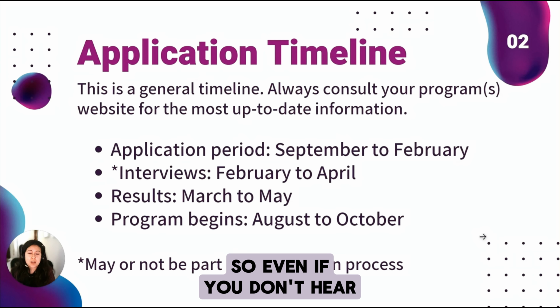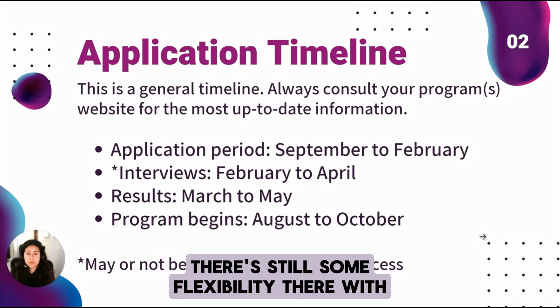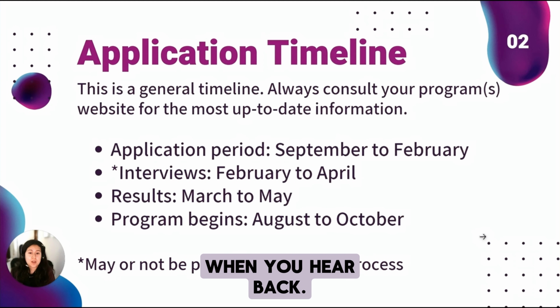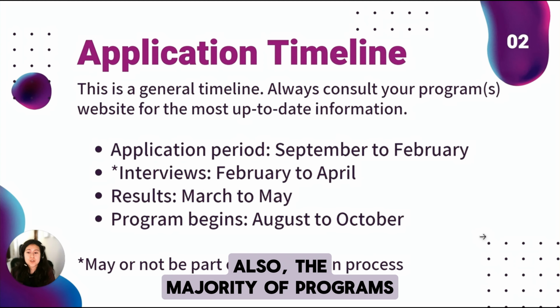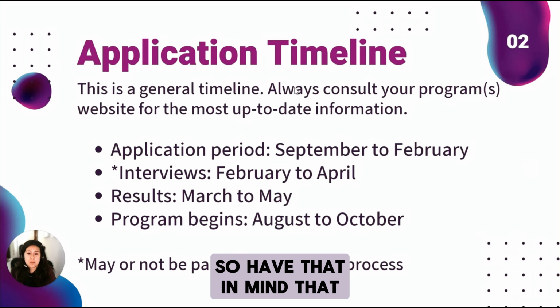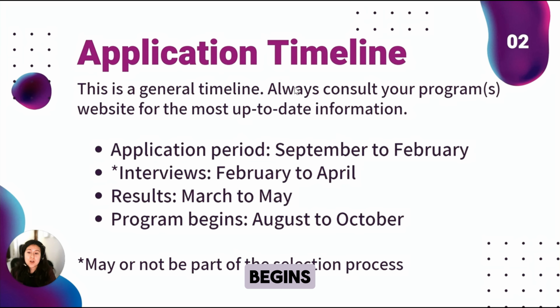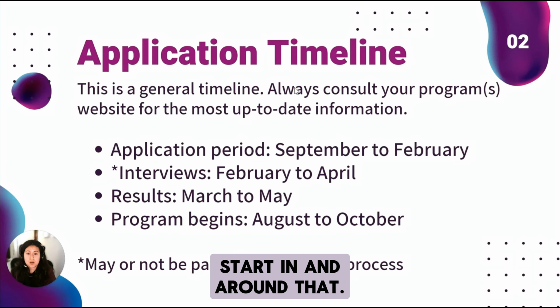So even if you don't hear back in March, that's okay. There's still some flexibility there with when you hear back. Also, the majority of programs will begin between August to October. So have that in mind, that that is when the academic year begins, so the program will start in and around that.